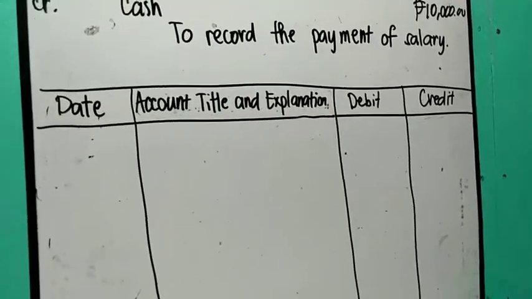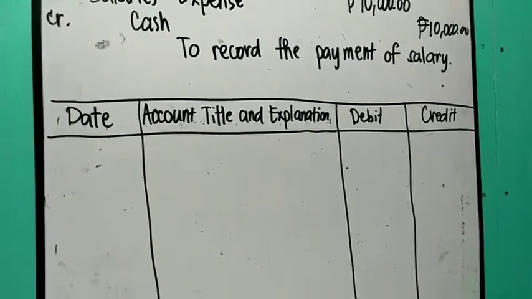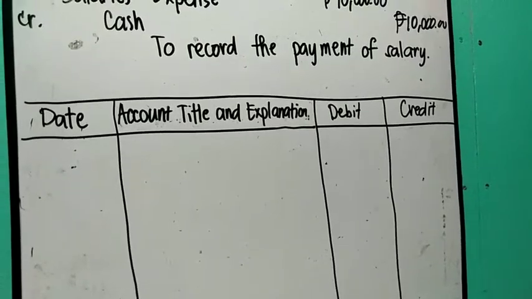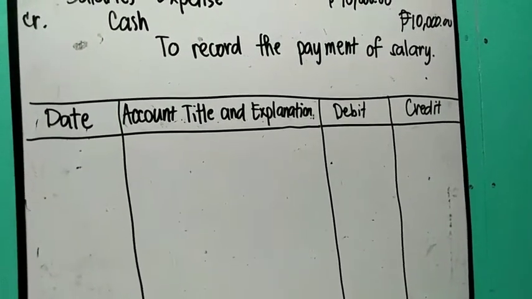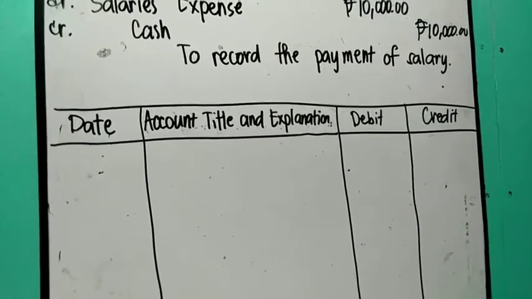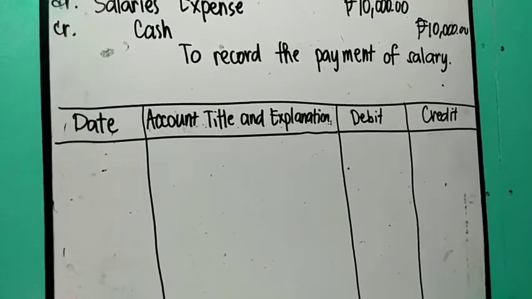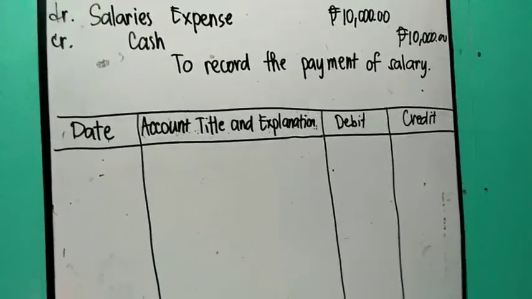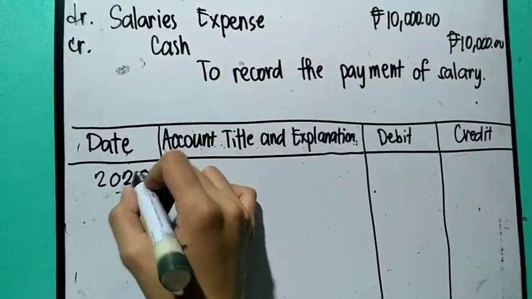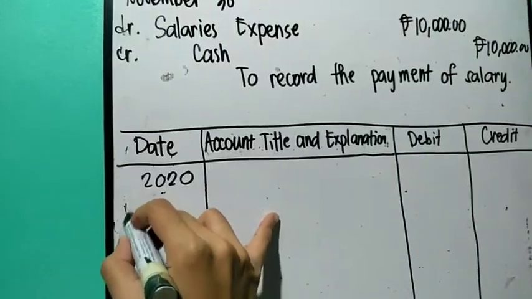I'm very sorry because the marks won't come off from the board, so it really looks dirty. Now for the date, you have to write the year first. For example, right now is 2020. You have to write the year, and then go for the month.